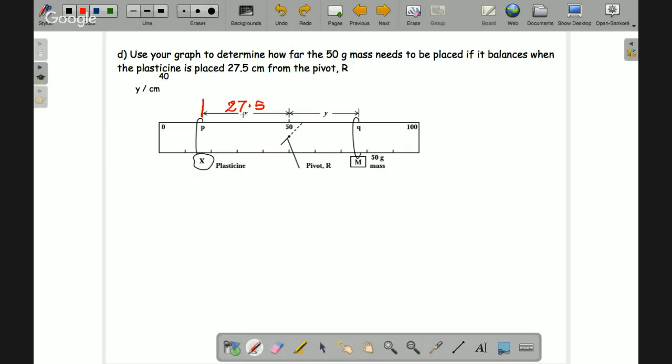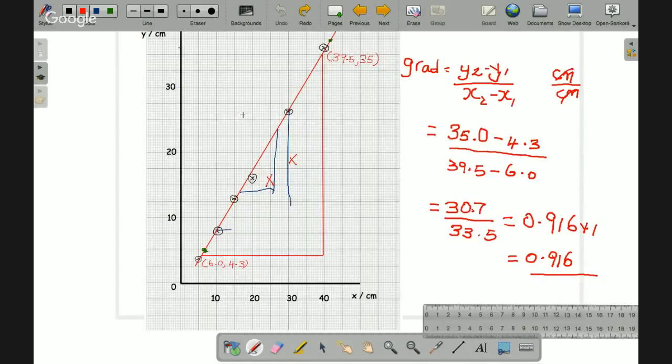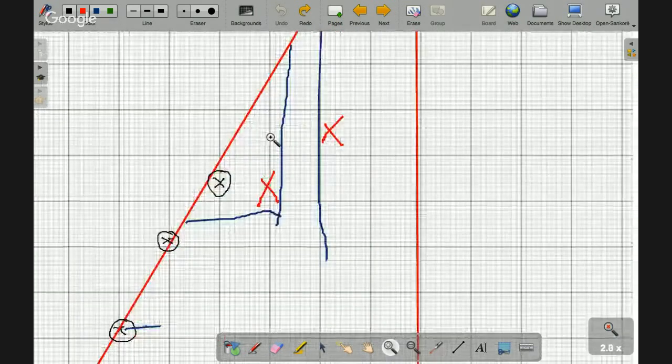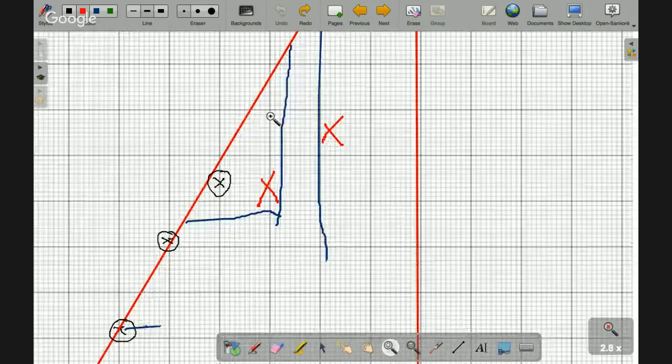Let me go back up to the graph. What is the value of y when x is 27.5? Let me zoom in. That's 25 here. Two of these little things is 1.